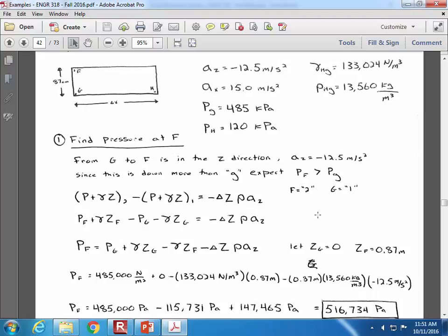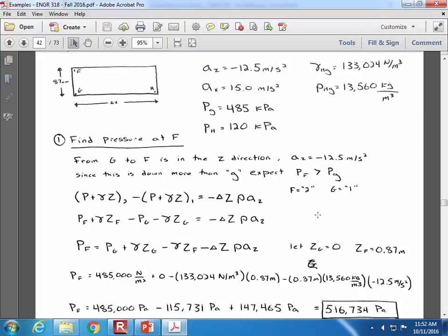Okay, so any questions when it comes to calculating the pressure at F? Do you have a specific question? No? So what accounts for the pressure at F? We start at the pressure at G, which we know is 485 kPa.